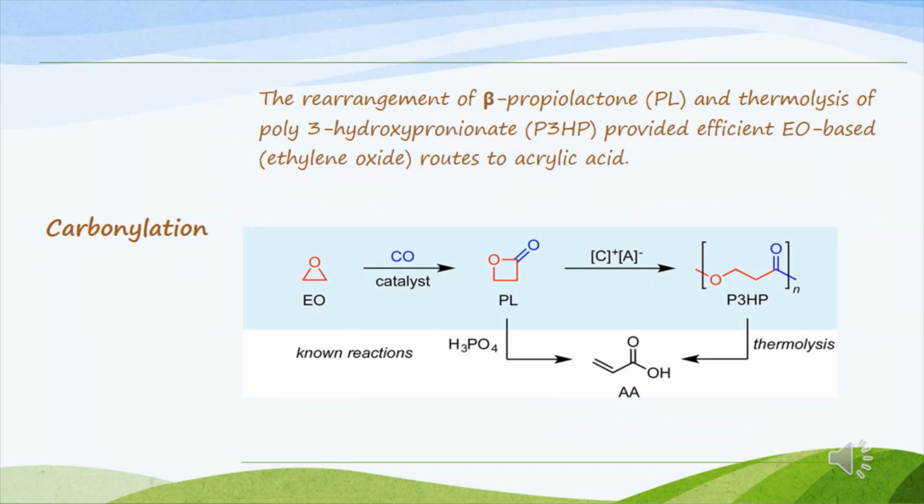Next is carbonylation. Usually in this kind of reaction, this involves the rearrangement of PL and thermolysis of P3HP, providing an efficient ethylene oxide route to acrylic acid.